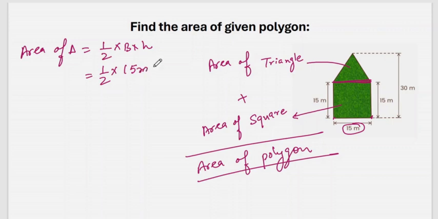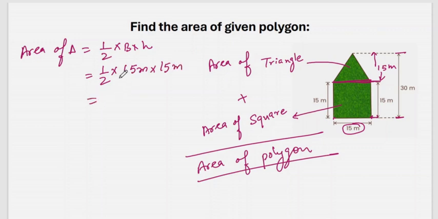Okay. Now, from here to here it is 30 meter and from here to here it is 15. So what you are left with? You are left with 15 unit. Okay. Meter. So you can write it as 15 meter.